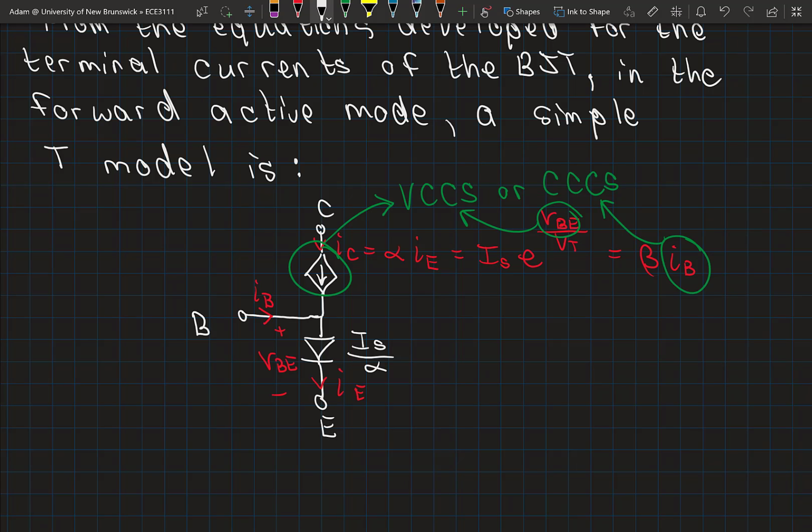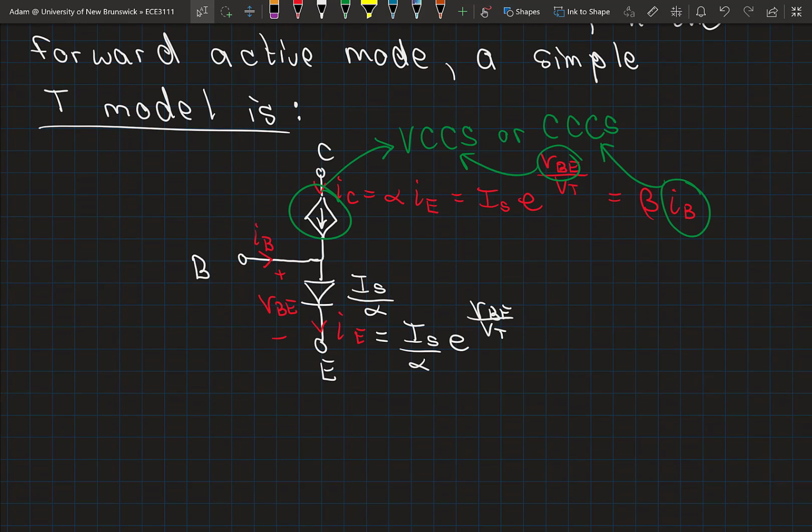Again, we know that this emitter current is equal to this saturation current times e to the VBE divided by VT, but the saturation current is divided by alpha. So these are all the equations that we developed over the last several lectures. This is our T model to represent a BJT with a large signal applied.